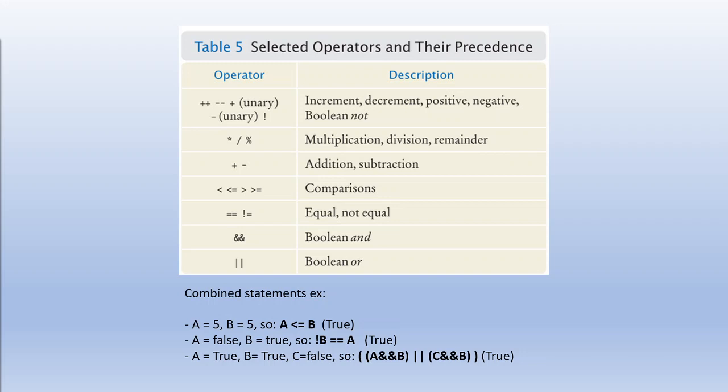So it says, is A and B true? Yes, they are. So the left-hand side of the OR evaluates to true. Then we go to the next side and say, is C and B true? Well, C is false, so the opposite side of our OR fails. So we have one side true and one side false, and because of the OR operation needing only one side to be true, the overall combined statement will be true.